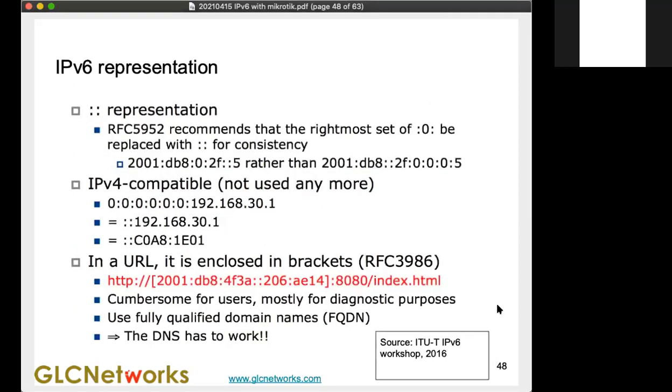This representation means all 0. So if there is a double colon, what are the characters in this one? It's called 0.